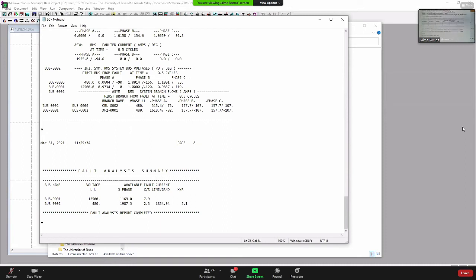It says bus 1 and bus 2. So 12,500, 480, three phase, and then here are the fault currents: 1,169 and 1,987.3.